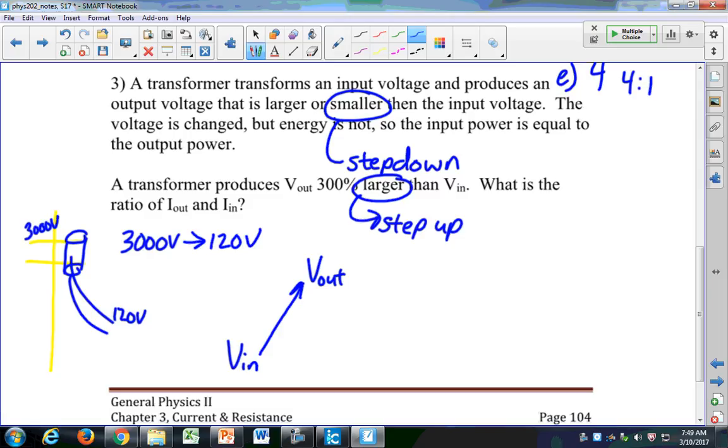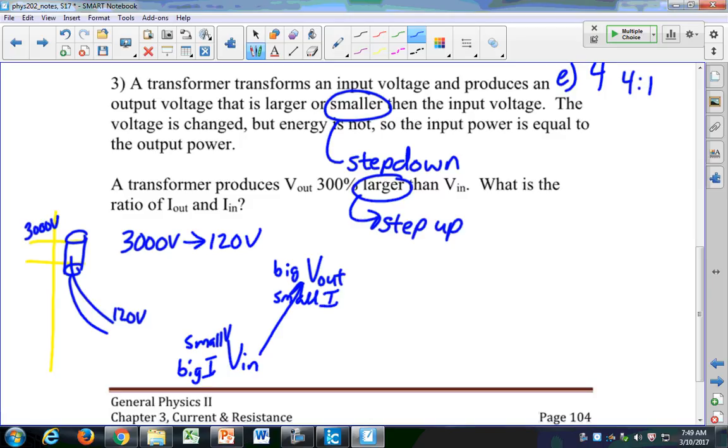No? Well, you should be asking yourself, because remember, voltage, potential, has a lot to do with energy. It's an energy per charge. But the difference here is that here I have a small voltage, but a big current. And here I have a big voltage, but I have a small current.